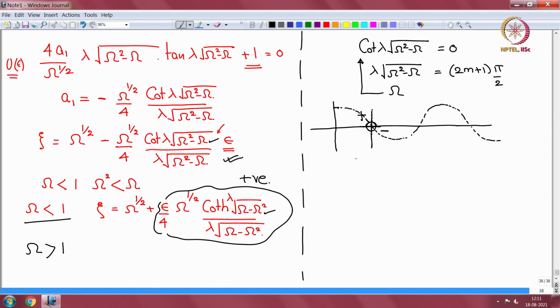Okay. So if you look at Xi equation, minus omega to the power half by 4th cot lambda square root of this thing by lambda square root of this thing, what happens is that below that frequency this correction is positive, so that means this negative will reduce.